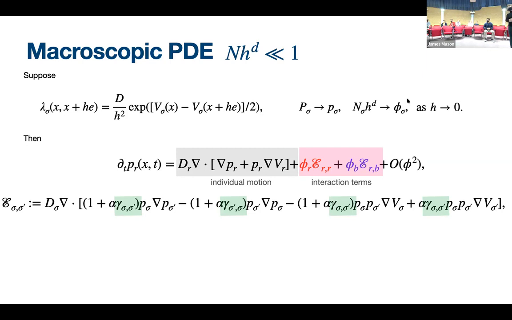As phi gets smaller, there's less interaction, so it's these interaction terms. If phi was very small, maybe the blue interaction term would have more of an impact. Oh, okay, I see.